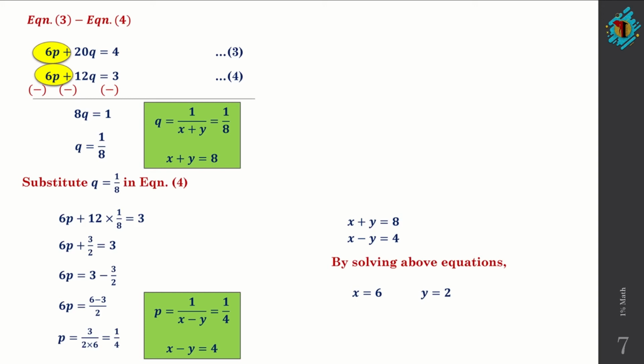Make sure the value of x is always greater than the value of y, because the speed of the boat should be greater than the speed of the stream. Then only can the boat travel upstream. So write the final statement: speed of boat in still water is 6 km per hour and speed of the stream is 2 km per hour.